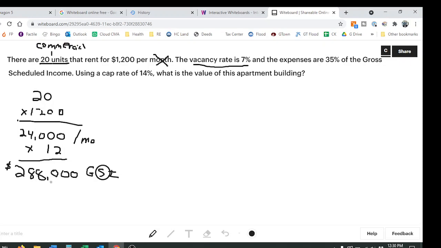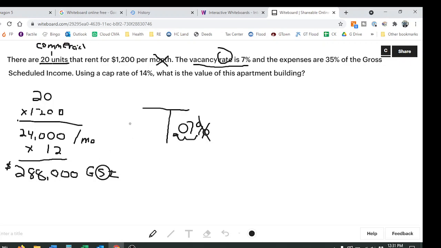So I'm going to take the gross scheduled income and make a T because I see the word rate right here. I'll put the 7% over here, cross out the percent sign, and move the decimal place 2 places to the left to give me 0.07.